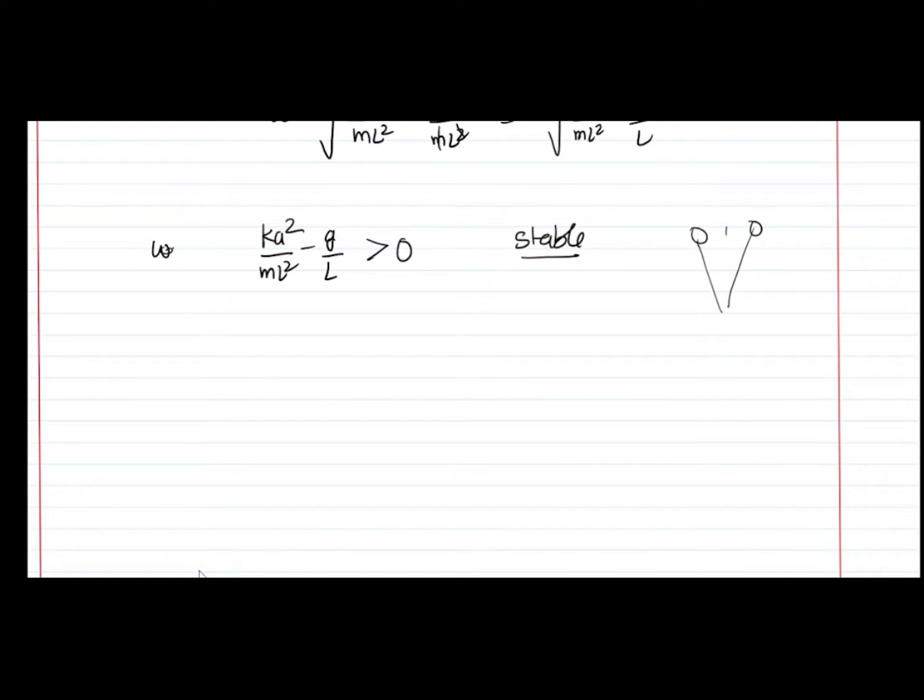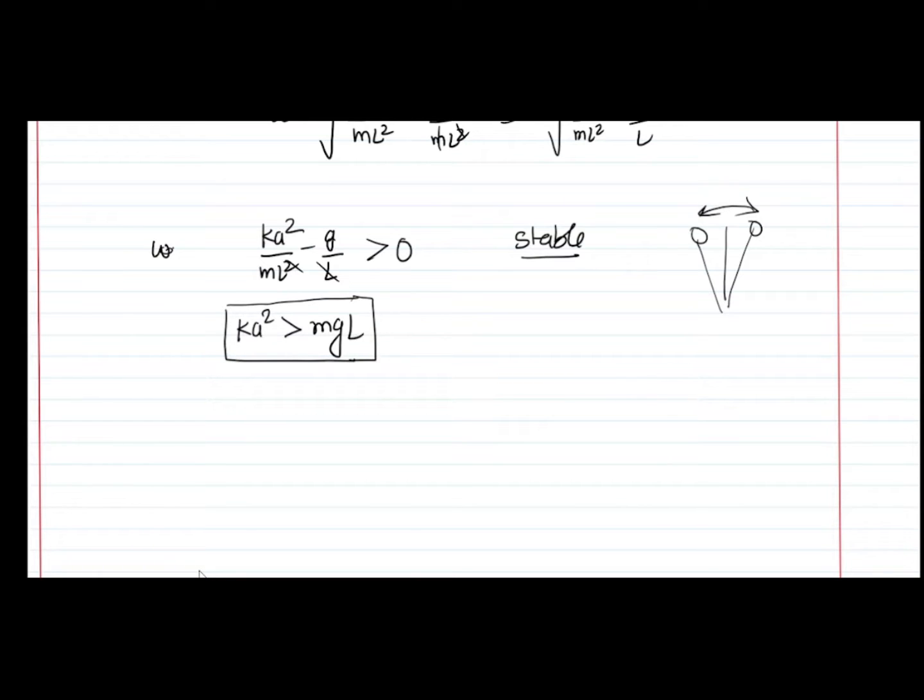If this is my pendulum, it is going to oscillate in this way. So we can rearrange here and we will have k a square, the l will cancel out, should be greater than mgl. So this is the condition for the oscillation of your system in the usual way.